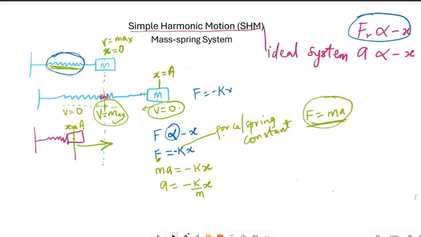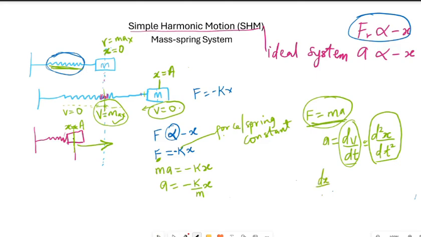So we can now rewrite a. A is the differential of velocity with time. So it is the change in velocity with time, or we say it is the second derivative of displacement with time, d squared x over dt squared. Also, instead of writing dx over dt, I can represent it as x dot, one dot on top.